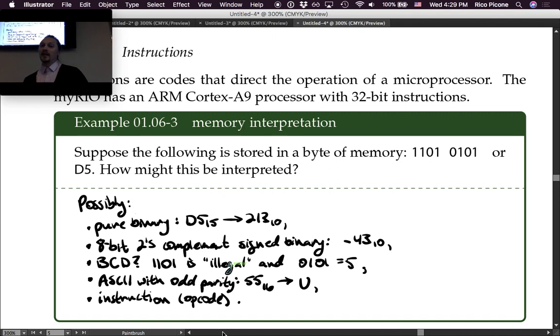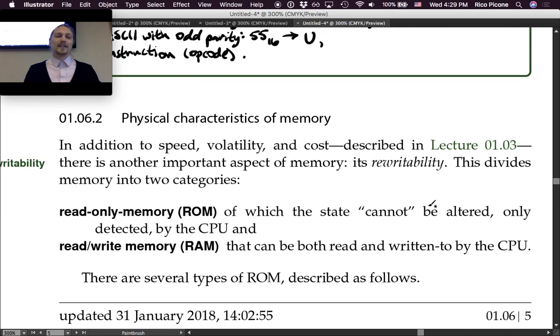Like it could be a 16-bit 2's complement, and you might just be looking at half of it. So it's important to keep in mind that you have to know what you put in memory there in order to have it be meaningful.